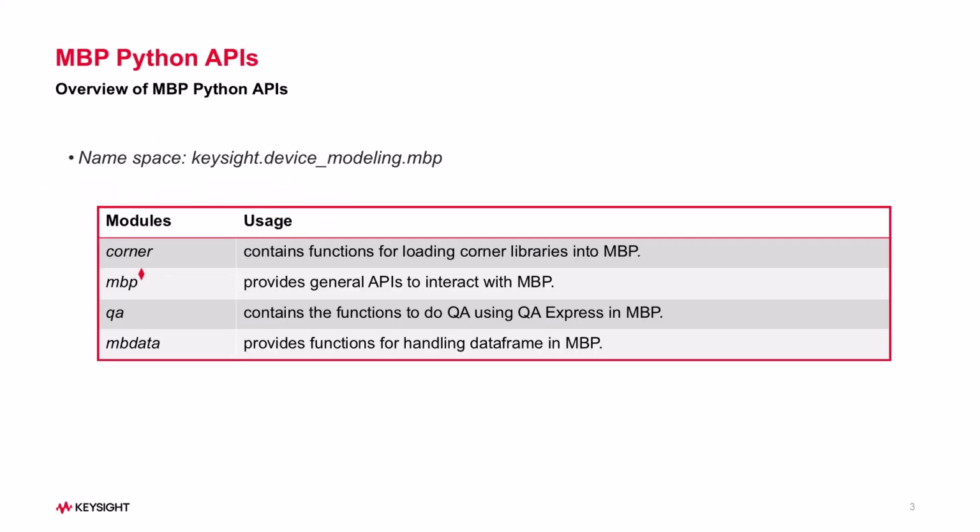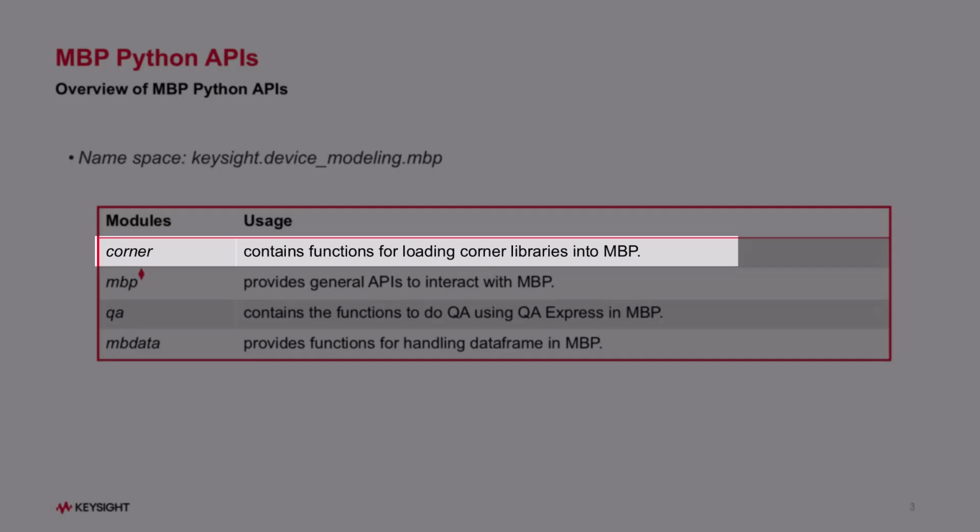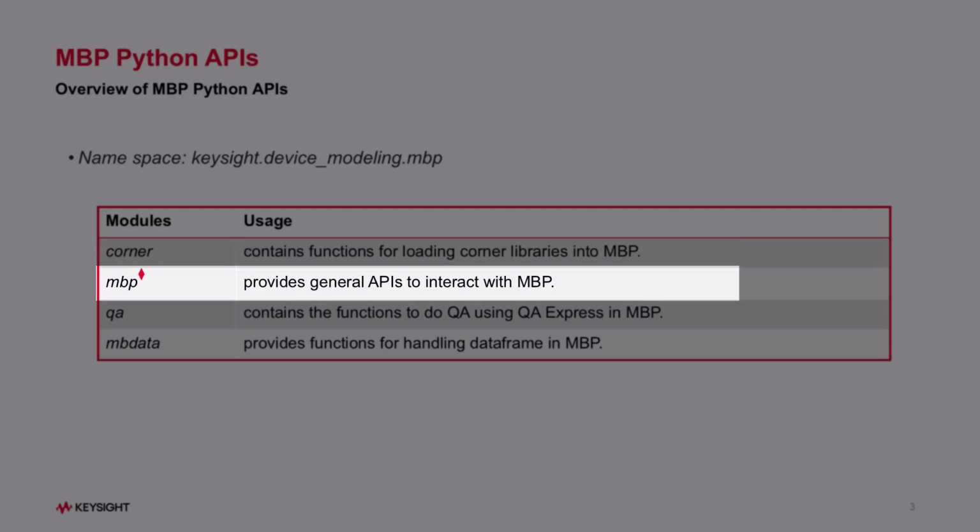In the MBP Python API, there are 5 types of module packages. The corner module. This module contains functions for loading corner libraries into MBP. The MBP module. This module provides general APIs to interact with MBP, such as clearing data, loading data, opening projects, and more.